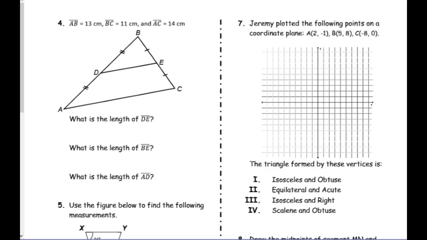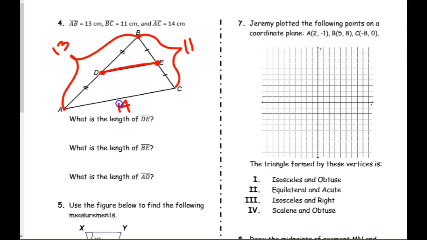Number 4, if AB equals 13 and BC equals 11 and AC equals 14, what is the length of DE? So from D to E, that's a mid-segment.